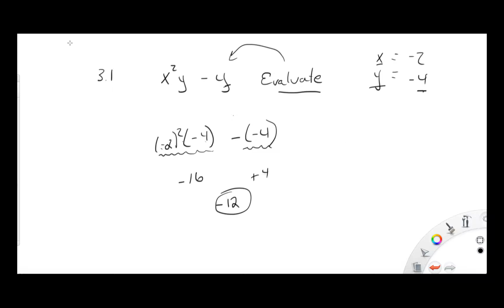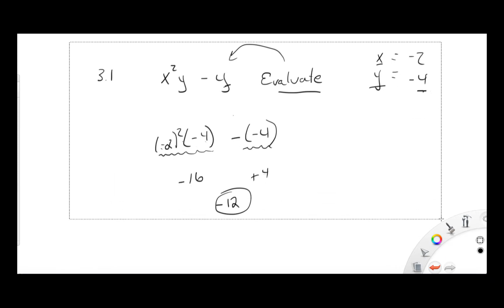Okay? All right, that's not the hardest algebraic expression. Now we're going to look at something like adding what's called like terms. Okay? And 3.B in your textbook tells us this.